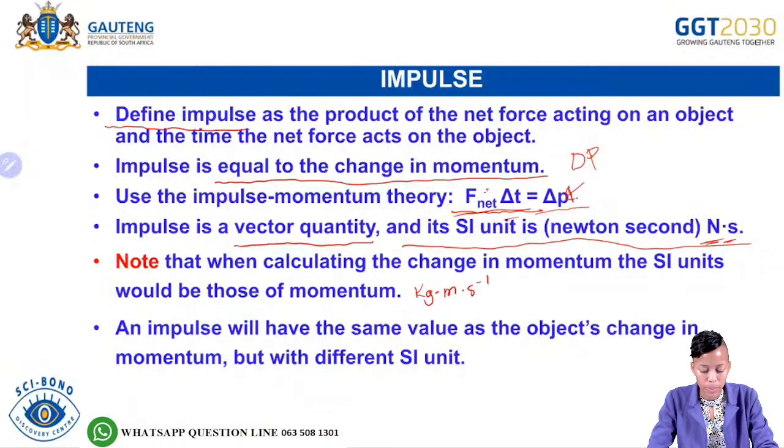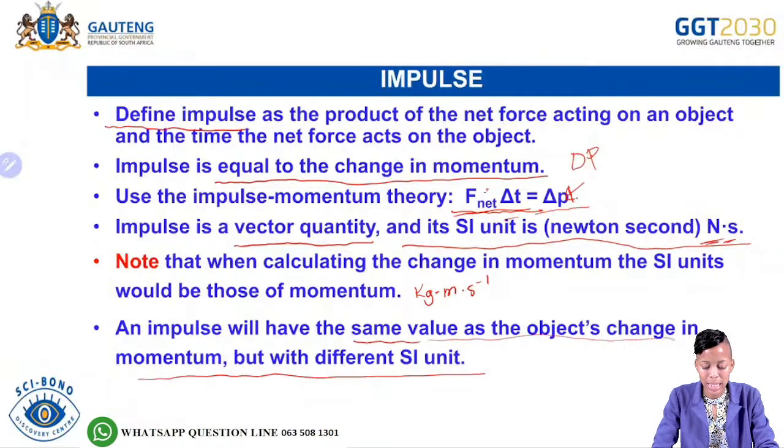Then it says an impulse will have the same value as the object's change in momentum, but with a different SI unit. So if you were to use values to calculate the change in momentum, and the question is asking you to calculate the impulse, it says here that impulse will have the same value.